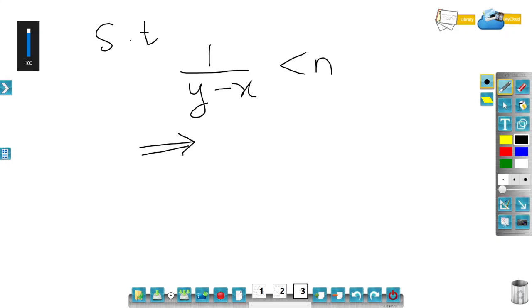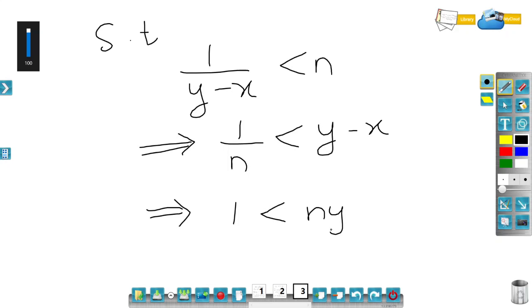This would imply 1 upon n is less than y minus x. This would imply, since n is positive, if I multiply by n, then I will get 1 less than ny minus nx.